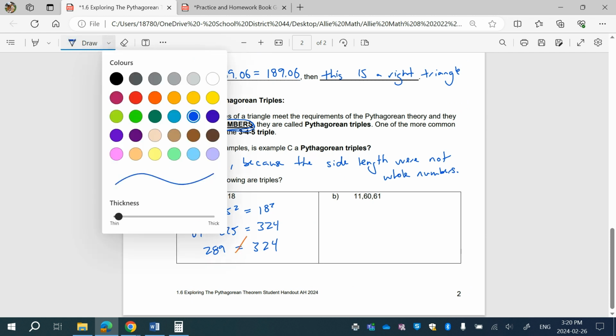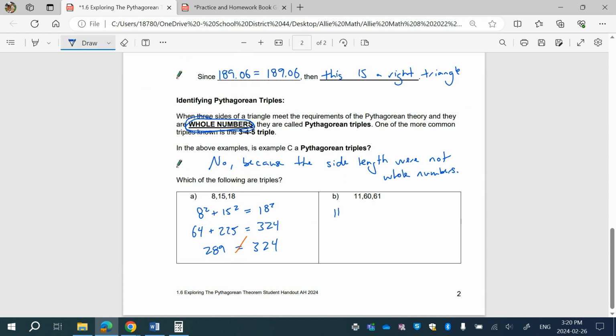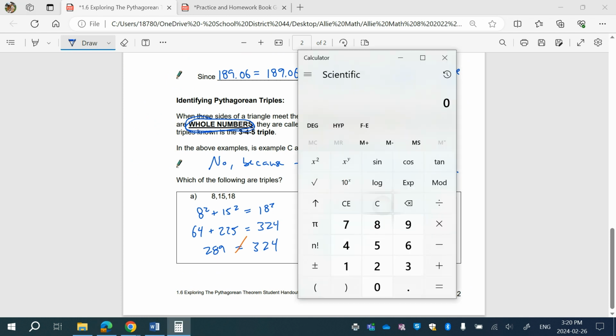Next, let's try this one. Let's try 11 squared plus 60 squared. Does that equal 61 squared? You can make a prediction now if you'd like. Let's do 11 squared. I know that to be 121 plus 60 squared, I think is 3,600, right? Yeah.